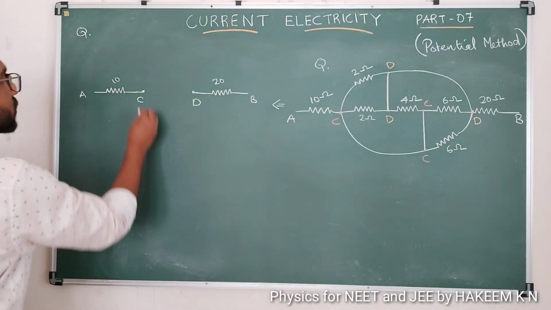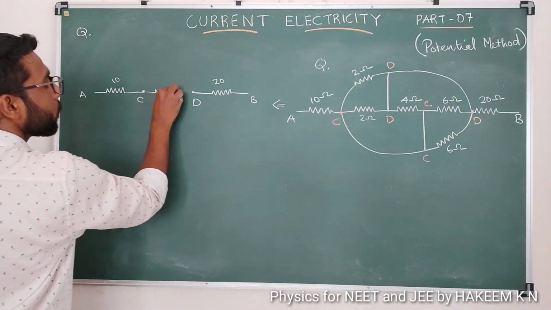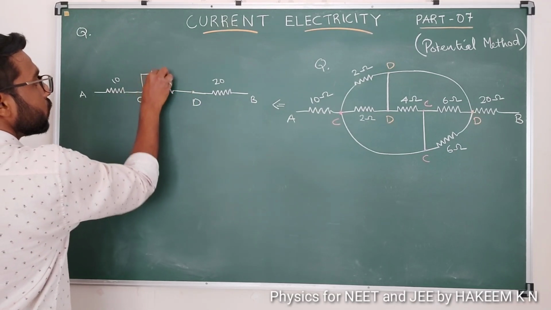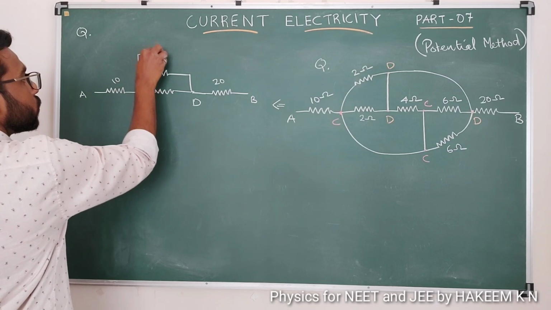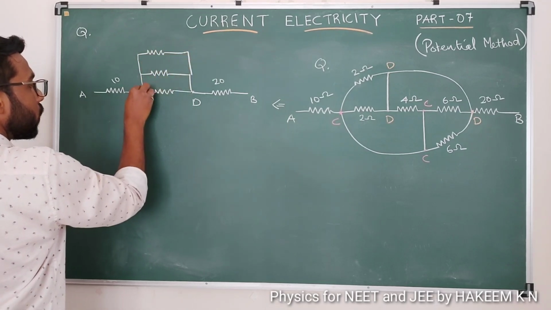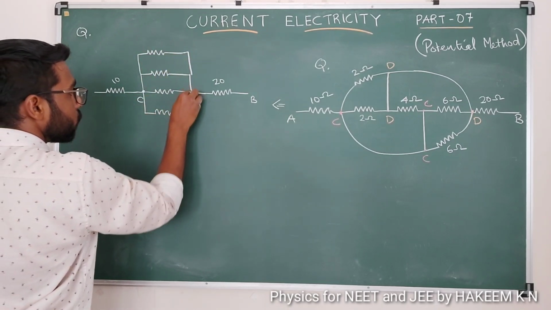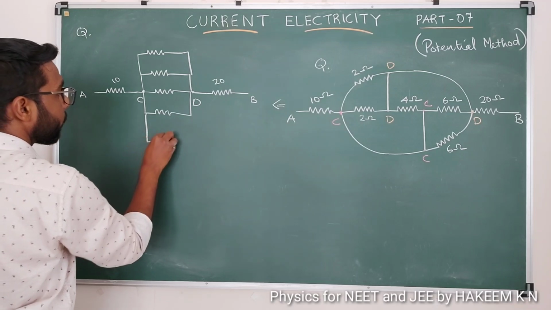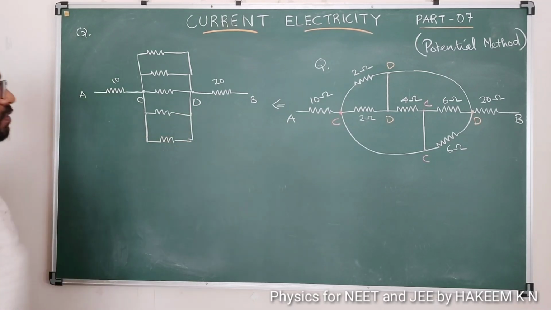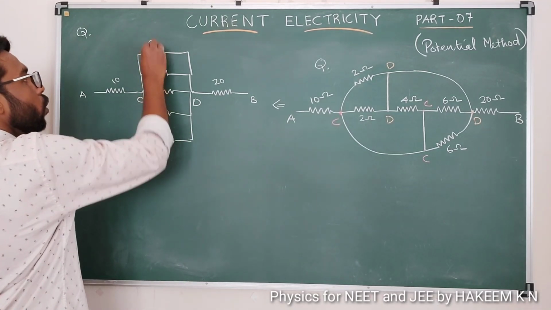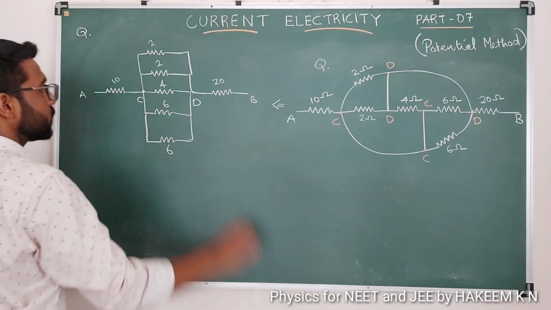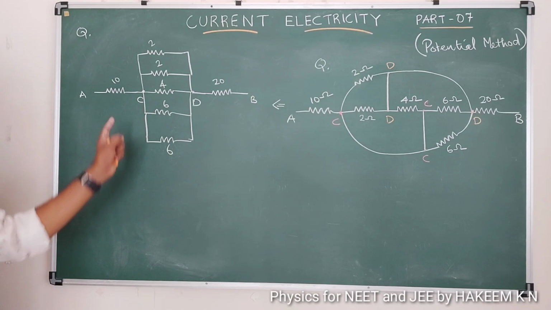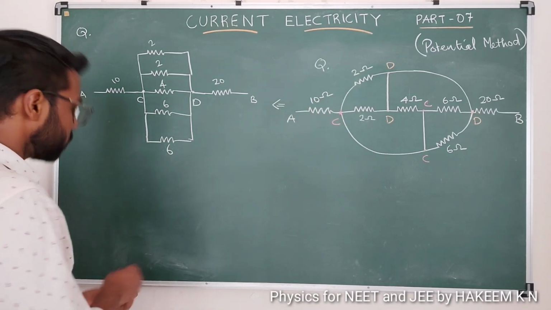Total 5 resistances between C and D: 2 ohm, 2 ohm, 4 ohm, 6 ohm, 6 ohm. This is the equivalent network.